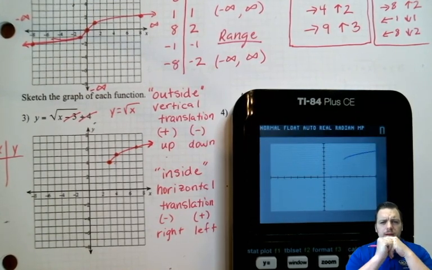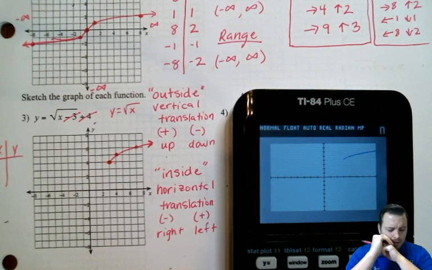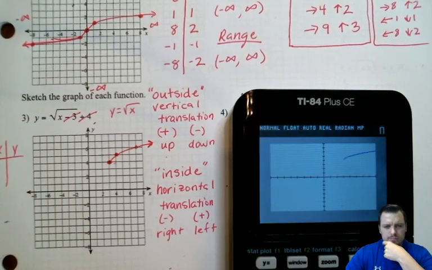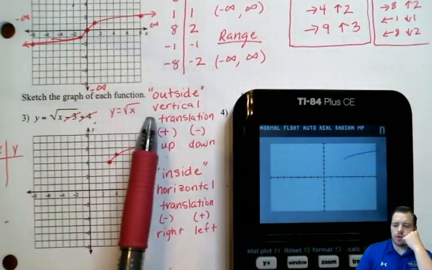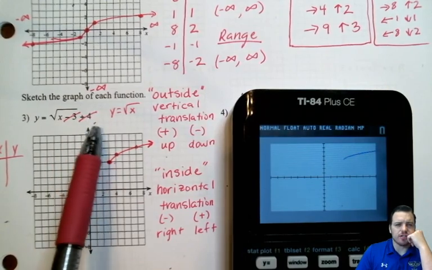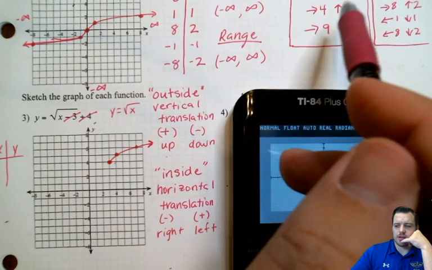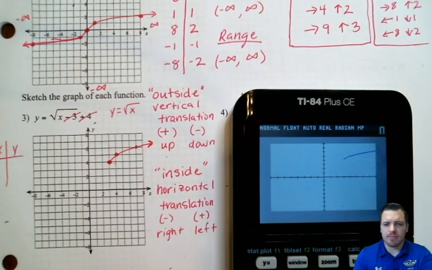So you can see how that's going. Pretty simple. Just know those outside-inside rules of functions, and then graph what we just figured out using the shape of your graph. We did the same thing with x squared.